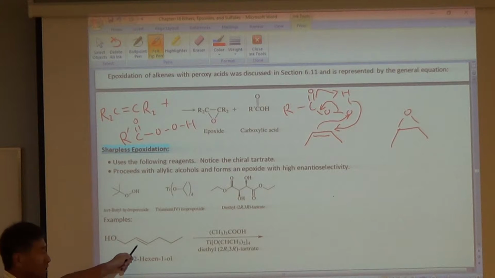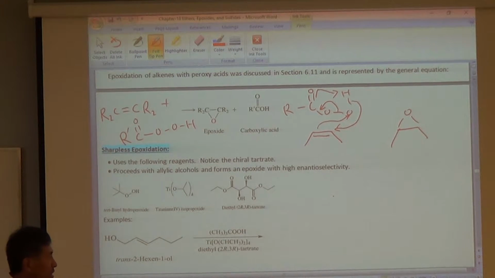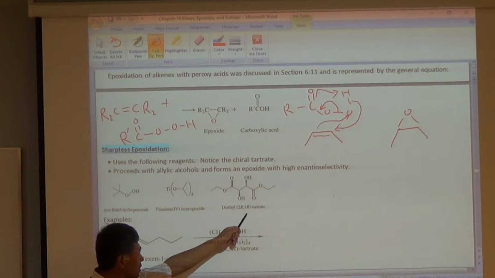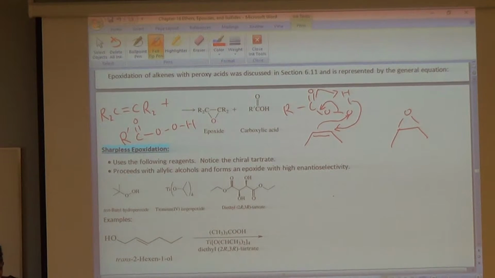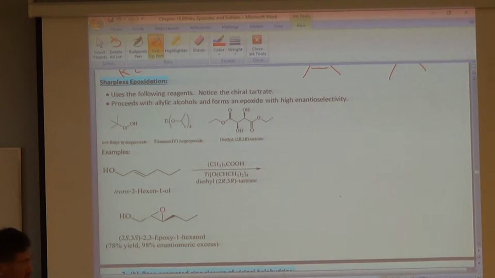Allylic alcohol is this type, and then with some special catalysts. The special catalyst uses titanium. In addition to that, it uses one enantiomer of the tartrate. And this picture shows you the tartrate. He used 2R, 3R, and he will produce a special epoxide like this.